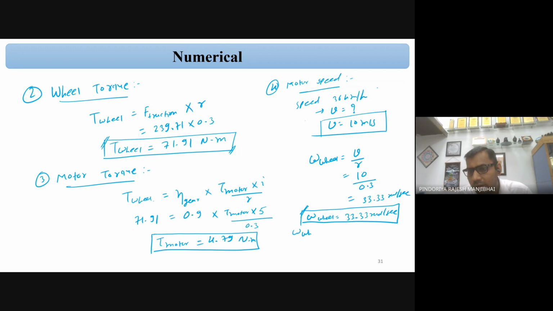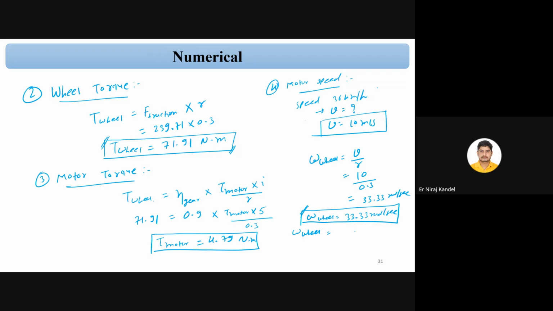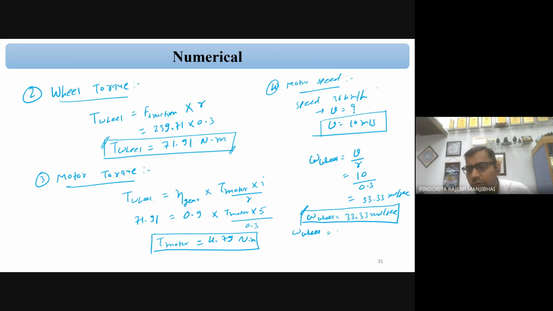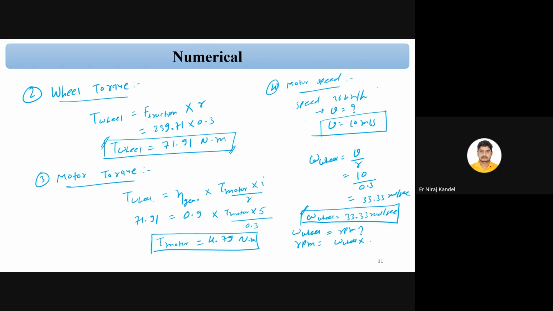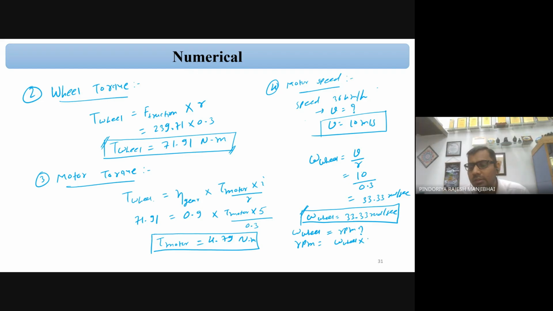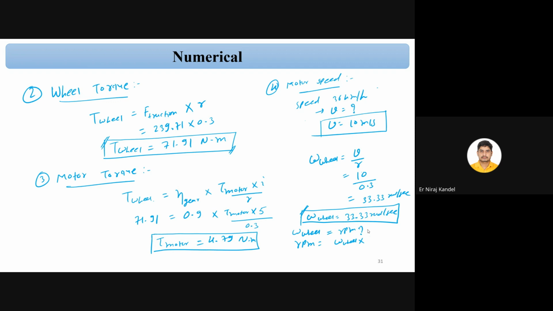So omega motor. We have to convert into RPM, correct? So what is the RPM? RPM is equal to omega into 60 by 2 pi. Otherwise, with respect to the gear ratio I, what can we say? Omega motor is omega wheel into I, we can directly write.